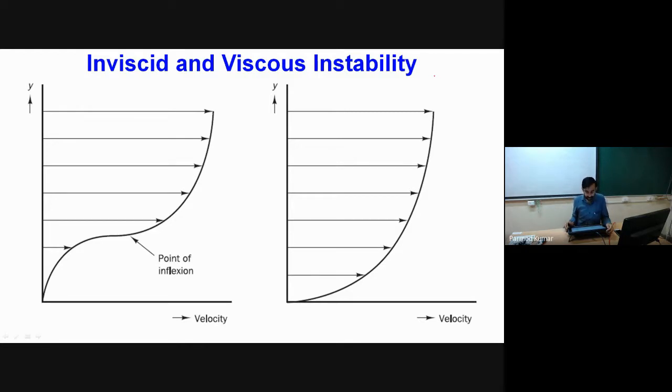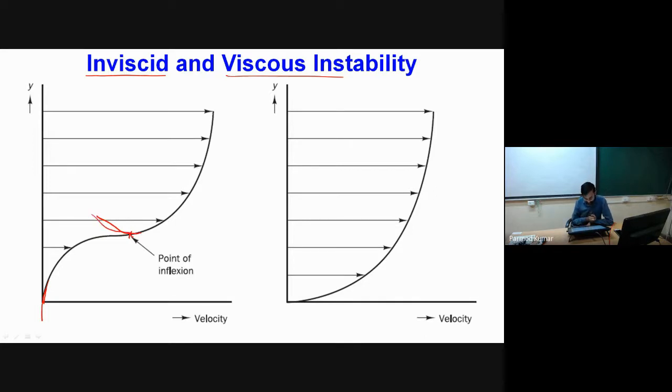Okay, so there are basically two different theories: inviscid instability and viscous instability. I have plotted two velocity profiles here. The first velocity profile includes a point of inflection, which shows the change of curvature. Over here we have one sign of curvature, and in this region a different sign.